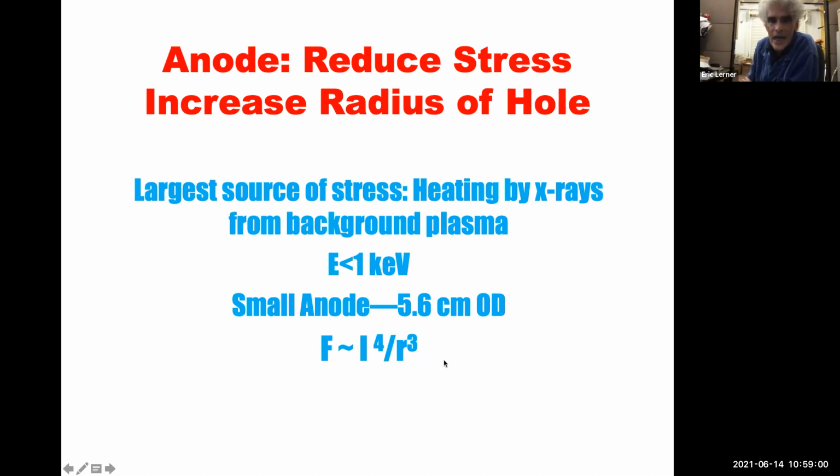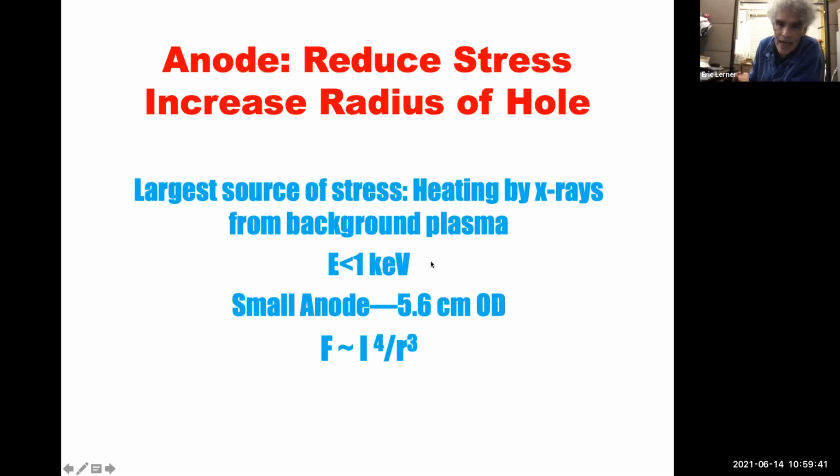So we did a lot of simulations to reduce the stress, and we found that the best way was to increase the radius of the hole. This was also partially inspired by experimental work done by our colleagues at Lawrence Livermore. And they found that the erosion of a copper electrode decreased as the radius of the hole increased and the thickness of the walls decreased. So we calculated that the largest source of stress is heating by X-rays from the background plasma.